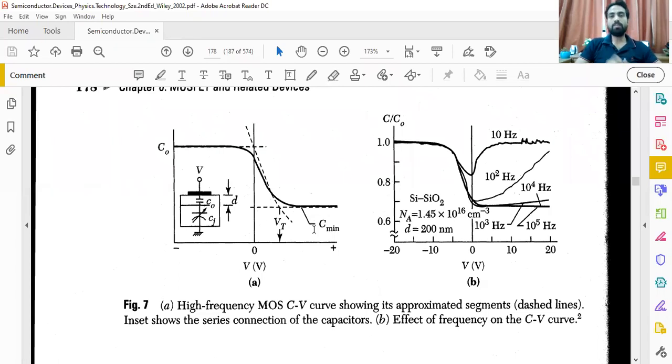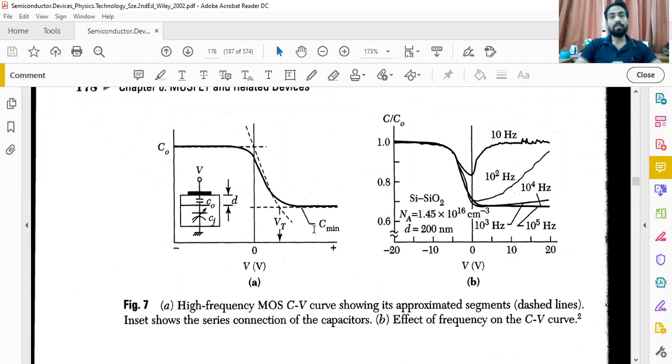If a device is frequency dependent, it can easily respond according to the frequency. It can work on different frequencies. Just take an example: you have an FM radio, and at 91.9 FM you have a different music, at 92.7 you have a different music. So at different frequencies you have different music.